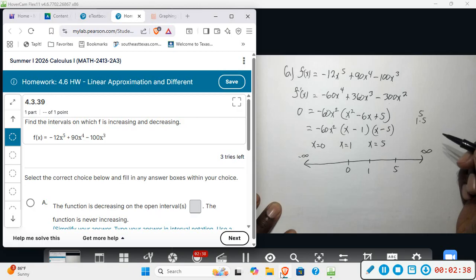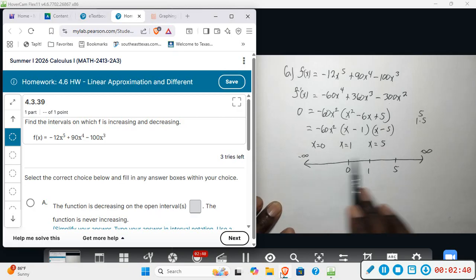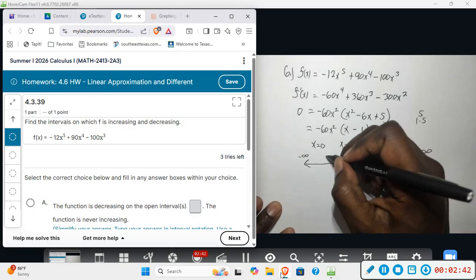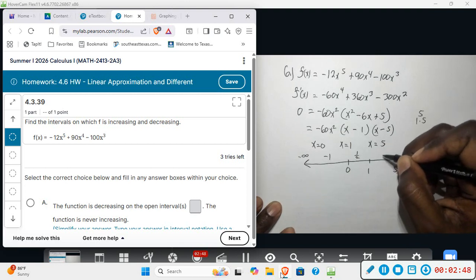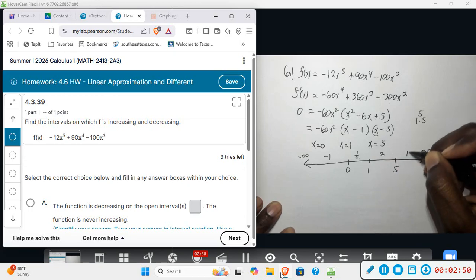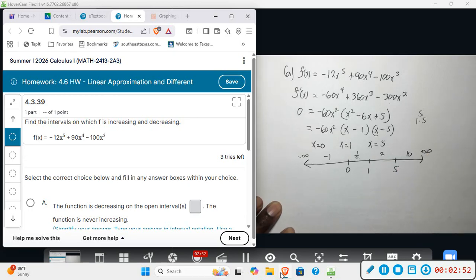So we're going to determine increasing, decreasing by picking some test points. So over here, let's just say negative 1. In between here, let's say a half, 0.5. Between here, we can do a positive 2, and then let's do 10. Try to pick some even, easy to work with numbers if possible, or leave it as small as possible.